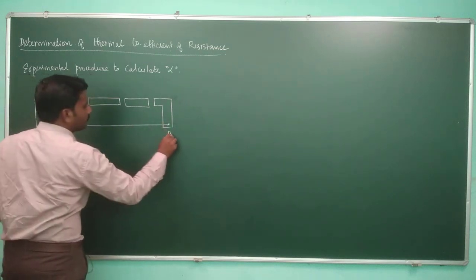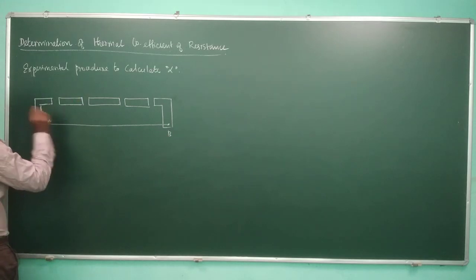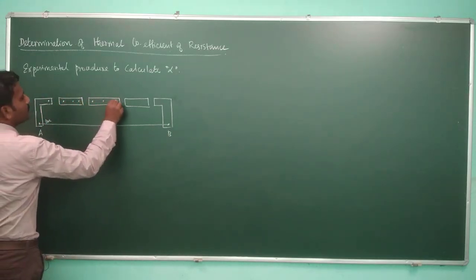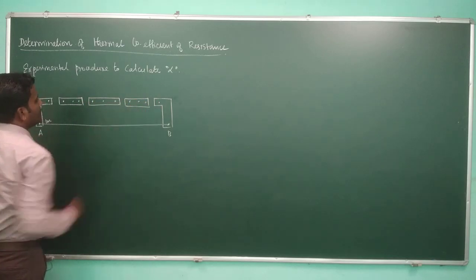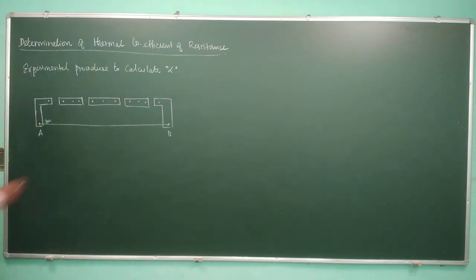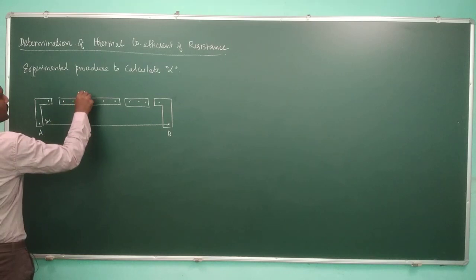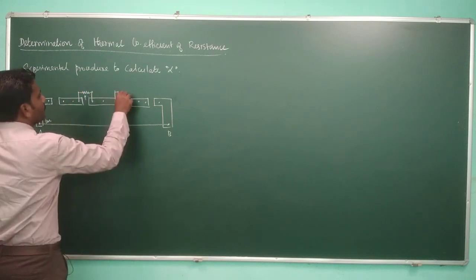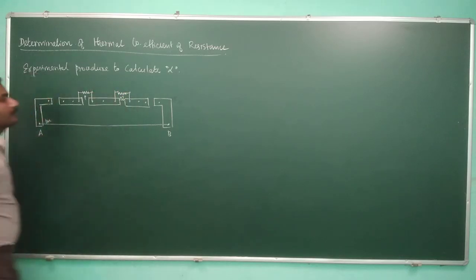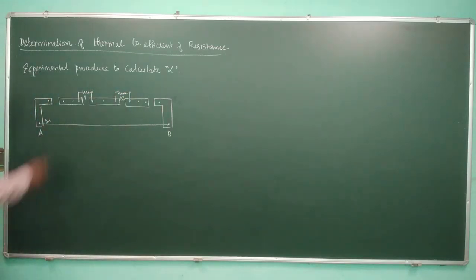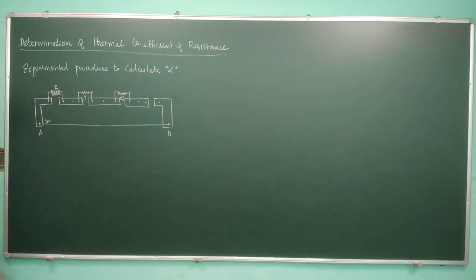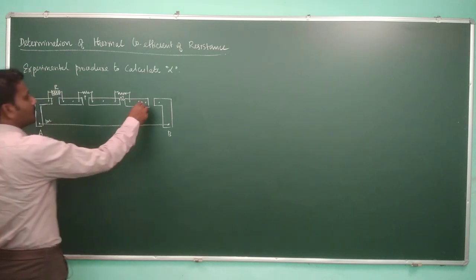The wire is denoted by AB, and this length of the wire is 1 meter. There are connecting points like this. Now we have to connect equal resistances P and Q here. Then here a known resistance, which is in the order of the unknown resistance, is to be connected.